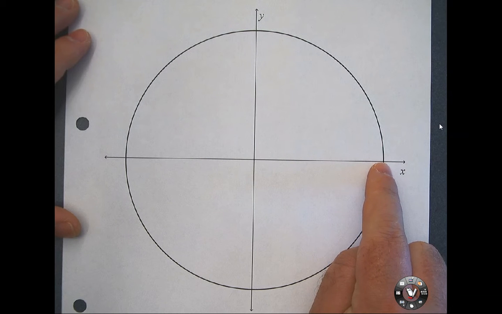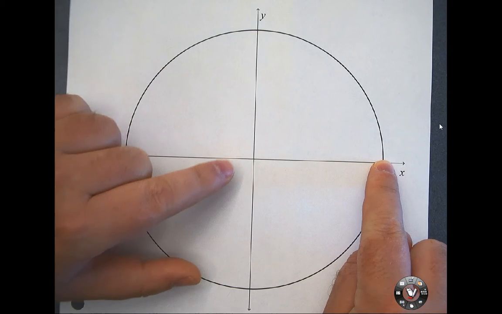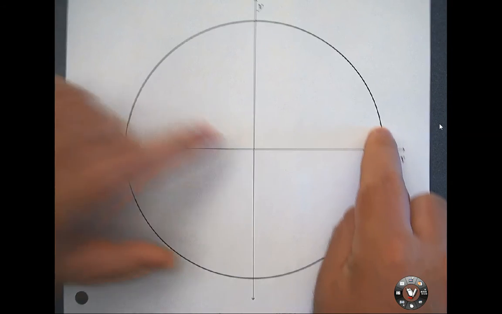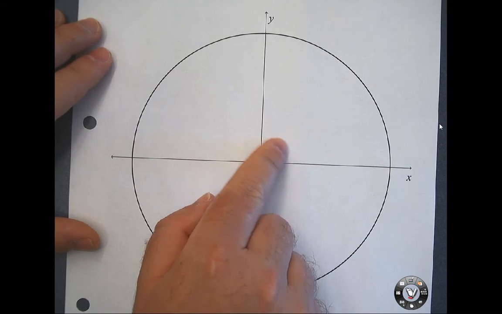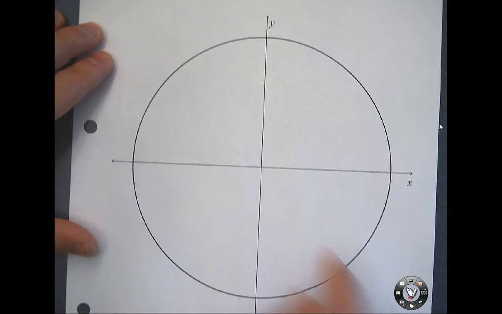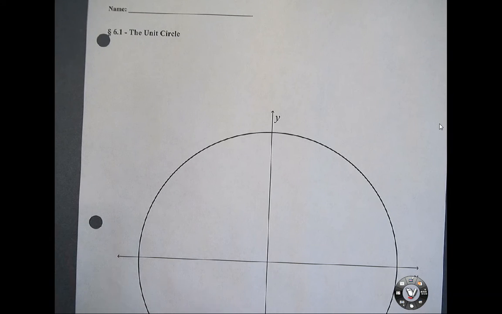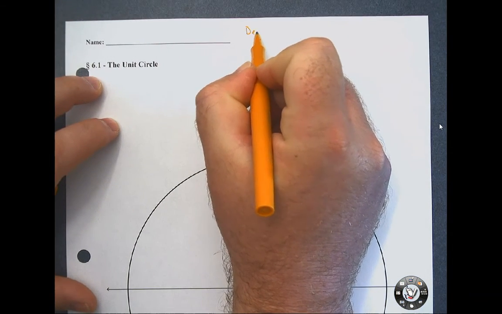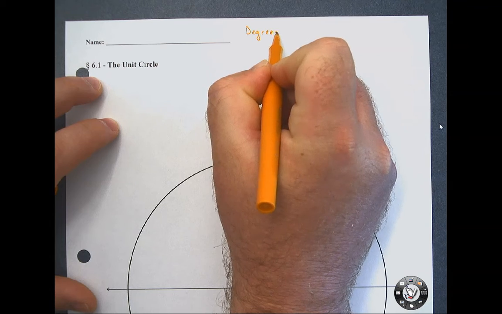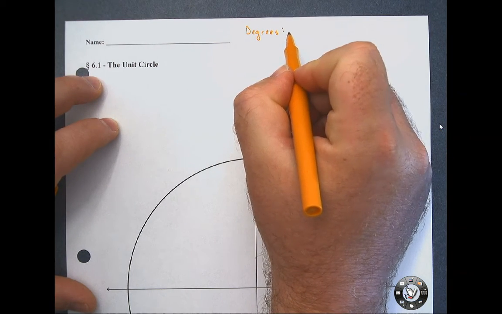We could talk about degrees, where we break up this distance into a certain amount of a rotation around the circle. So degrees are rotations.